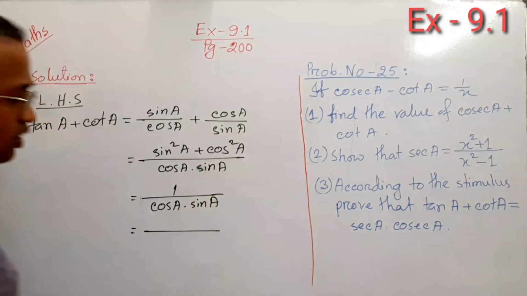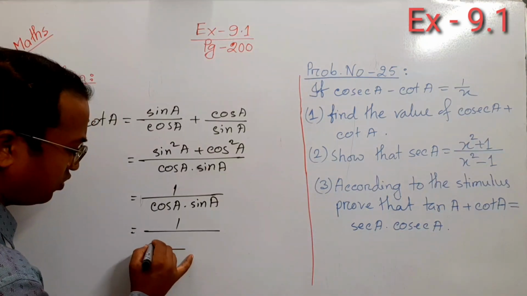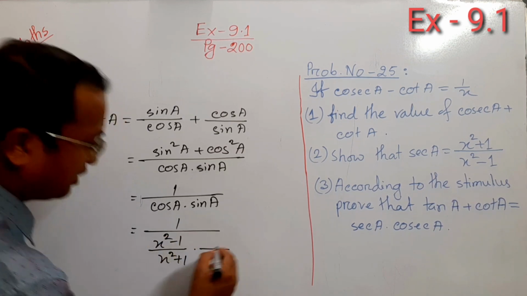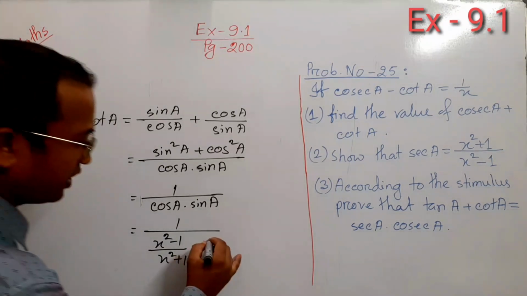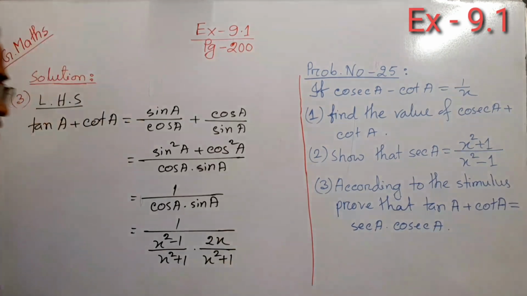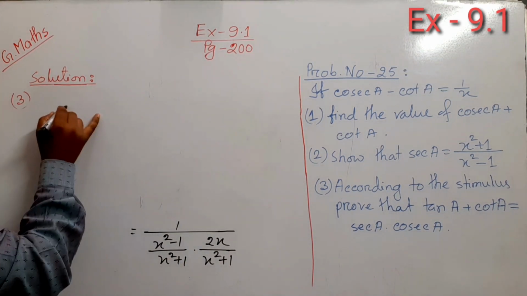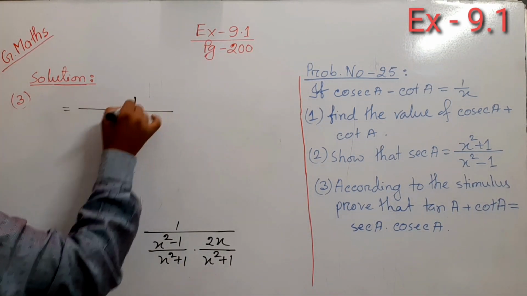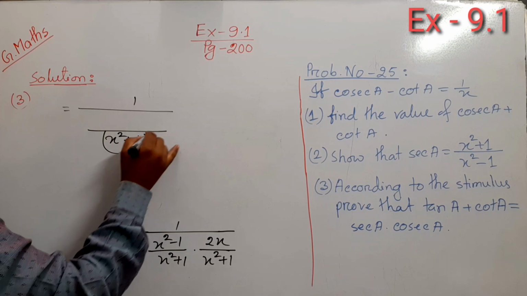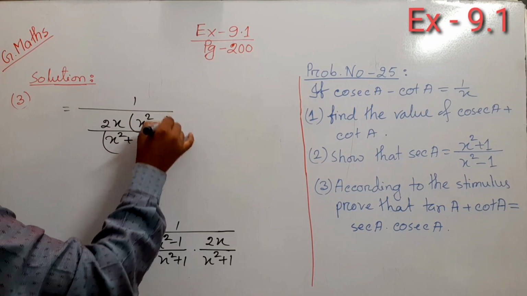Now we will put the value of cos A and sin A. The value of cos A is equal to x square minus 1 by x square plus 1, and the value of sin A is 2x by x square plus 1. Now we will multiply these two fractions. It will be like this: 1 by x square plus 1 whole square in the denominator, and numerator will be 2x into x square minus 1.